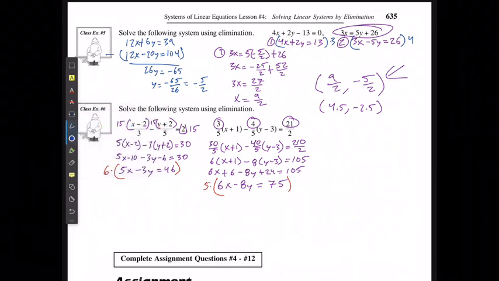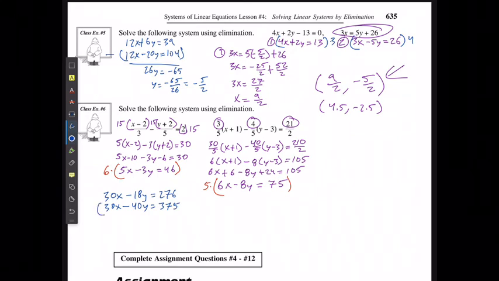For the first equation I have 30x minus 18y is equal to 276. In my second equation, I'm going to have 30x minus 40y is equal to 375.